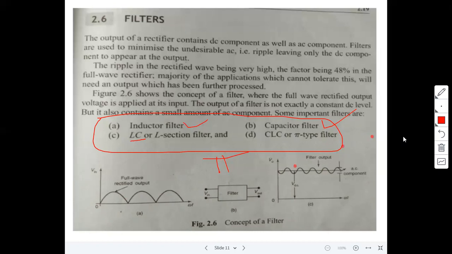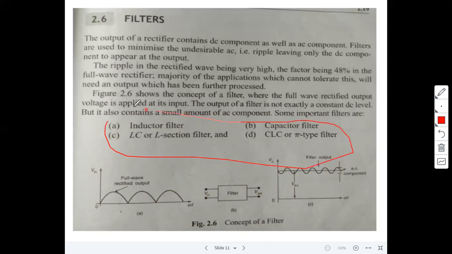Okay, that is about the filter circuits. Once again, the filter converts the full wave rectifier output into an approximately equivalent DC component. Different types of filters: inductor filter, capacitor filter, LC combination, or CLC combination.